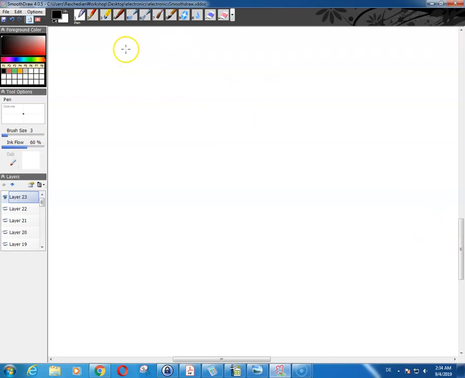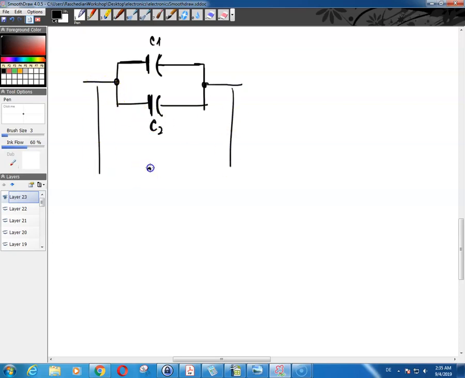If you connect two capacitors in parallel, something like this, and suppose that this is C1 and this is C2, and I call this C of T, the equivalent or total capacitance, then C of T is equal to C1 plus C2.